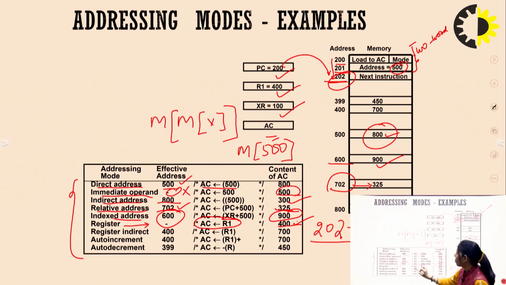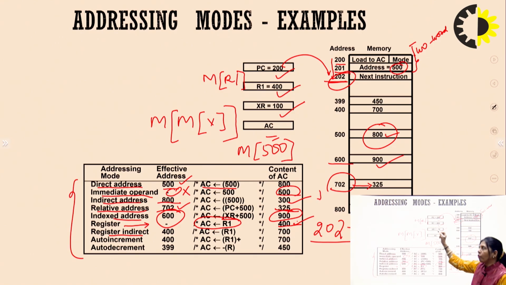Just by observing that it's the register addressing mode. In the register indirect, whatever value the register was having, now it behaves as the address itself. So this behaves as the address for the operand. So 400 needs to be searched for, and since location 400 contains 700, this register indirect will move us to the content 700.